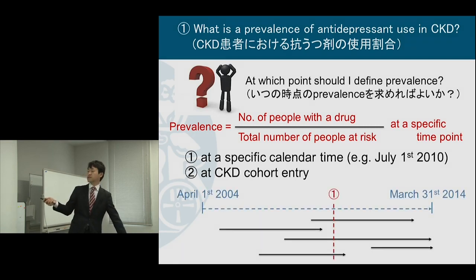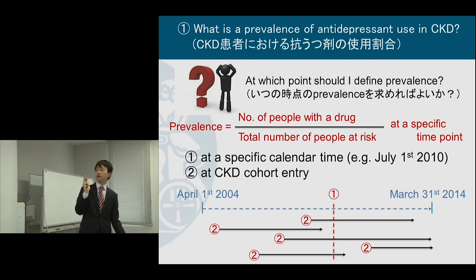If I chose number one, it's like this. This is the CKD population. And this is the second option. If I wanted to estimate a prevalence in the general population, probably I chose the first option.